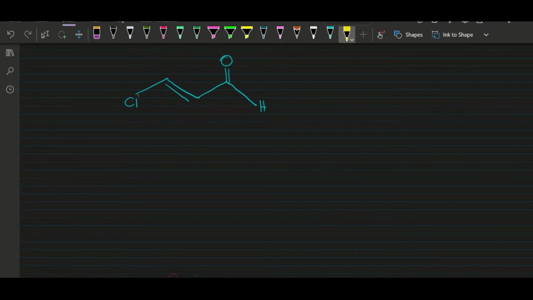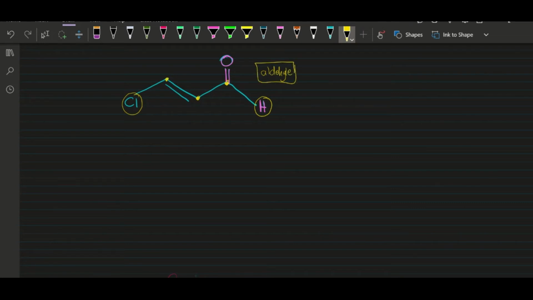Okay, this is a chlorine. It is not a carbon, so you don't count from there. This is a carbon. This is a carbon. This is a carbon. This is not a carbon. This is a hydrogen. Anytime you see a double bond with an oxygen at the end of a chain and a hydrogen, know that it is an aldehyde.